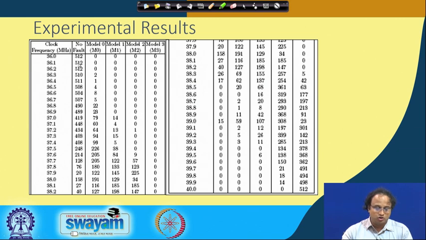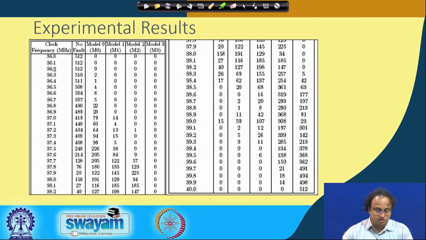What we observe is that initially, when the clock is operating at its correct frequency range, like 36 megahertz or slightly around that, there are no faults. That's why we get M0, M1, M2, M3, all of them having 0 values, and there are 512 cases with no faults.